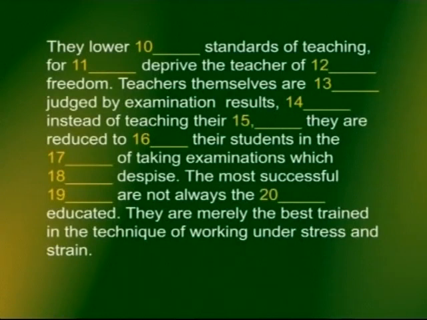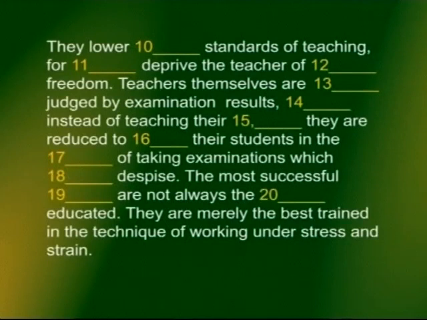So instead of teaching their subjects, they are reduced to training their students in the art or technique of taking examinations, which despise. Who despises? That is students, right? So you write the word, either you write they or which they despise.